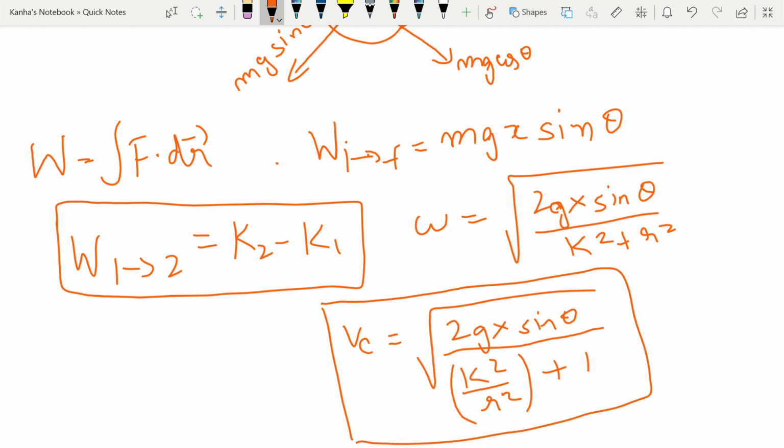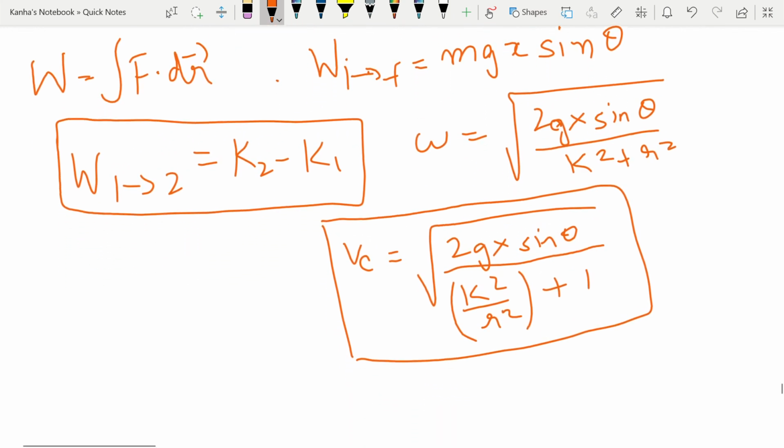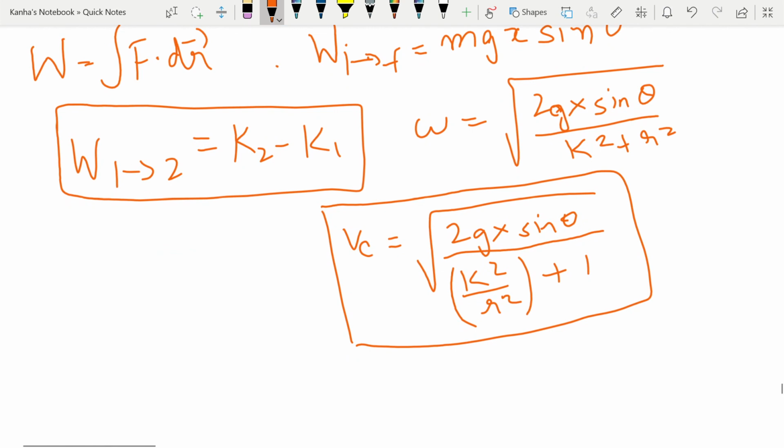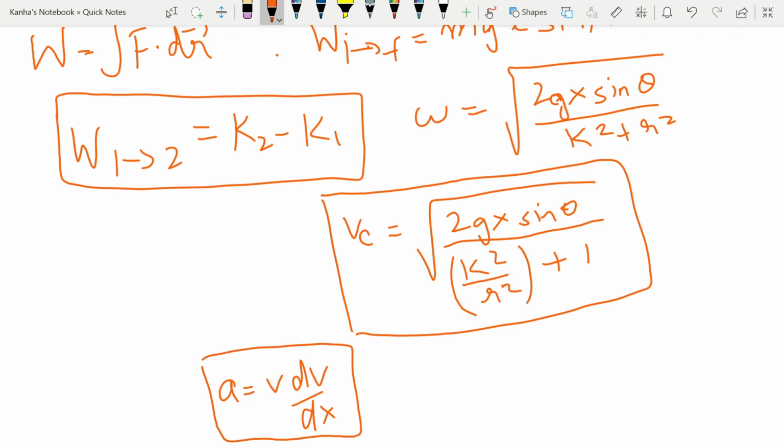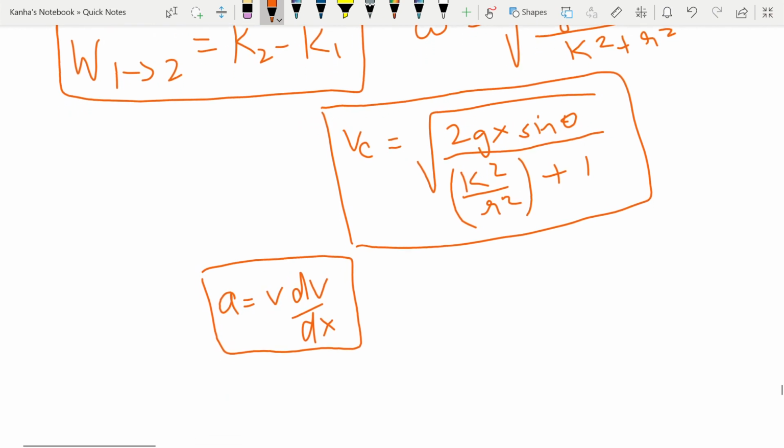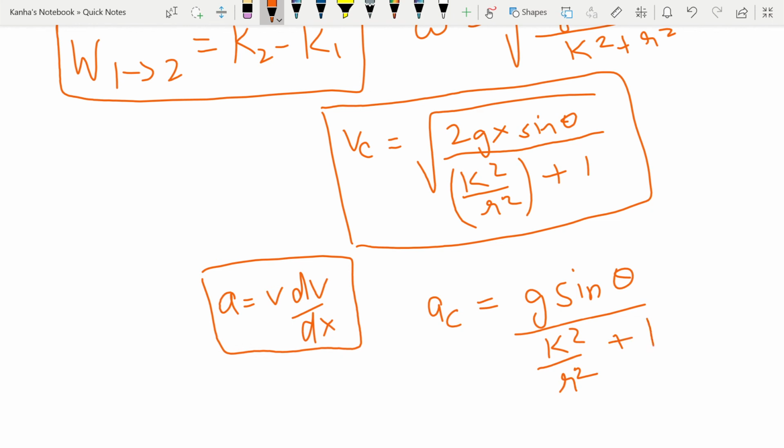Using these, I can easily calculate the acceleration. How do you do this? The acceleration A and the velocity V are related like this: A is equal to V into dV by dx. So if I apply this here, my acceleration turns out to be g sin theta by (k square by r square plus 1).